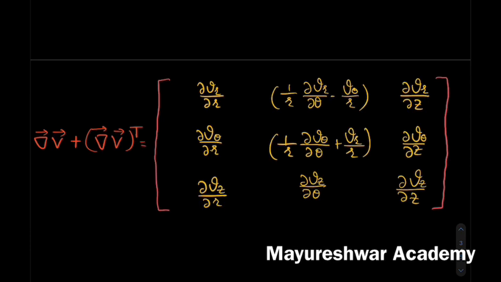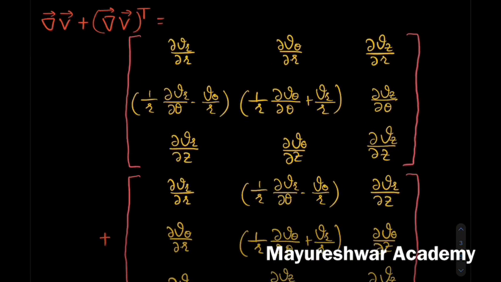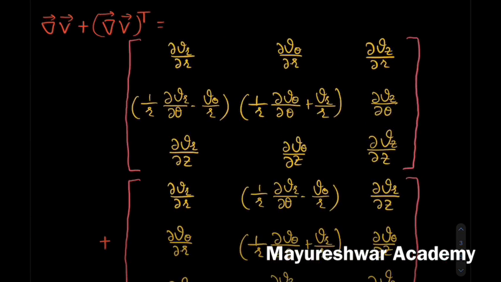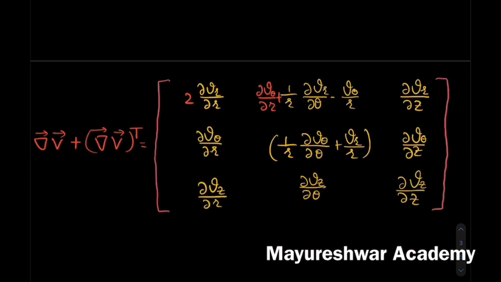So this first term will be twice of that because of two matrices getting added. The second term will have a contribution from the d dr of v theta plus this term. Similarly, the r and z terms will have a contribution.